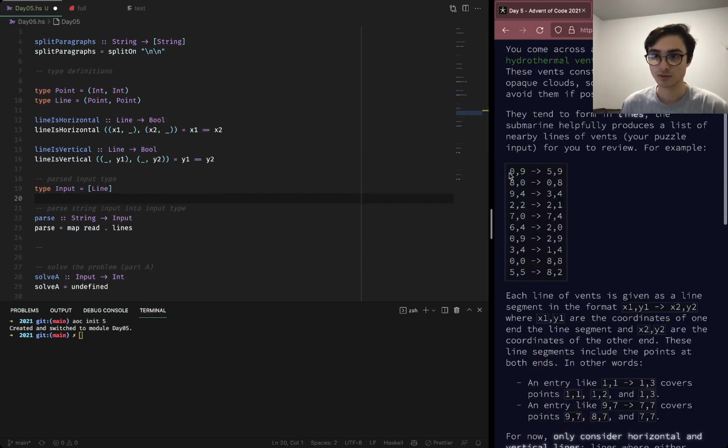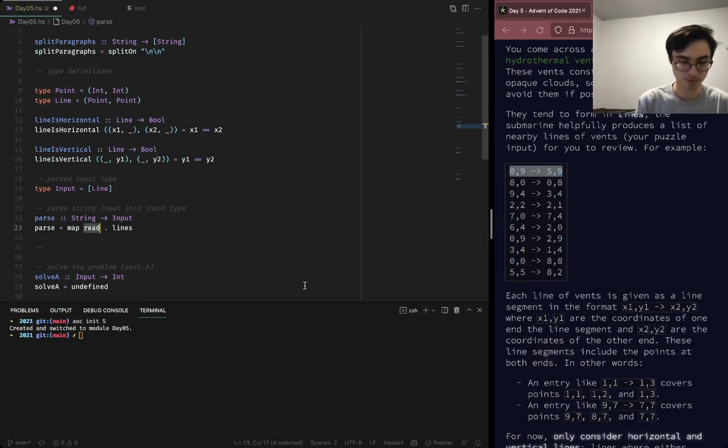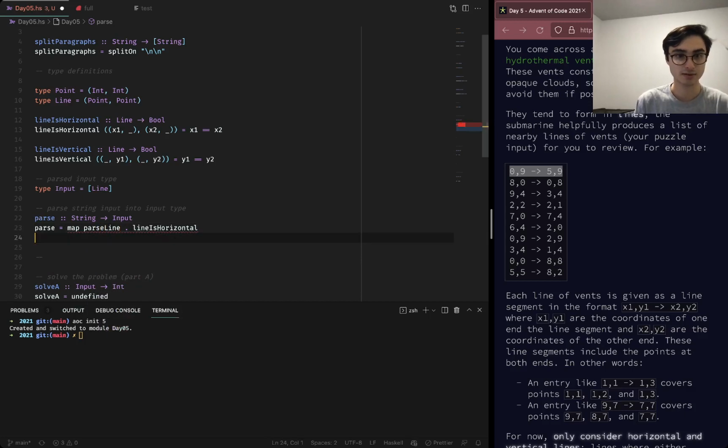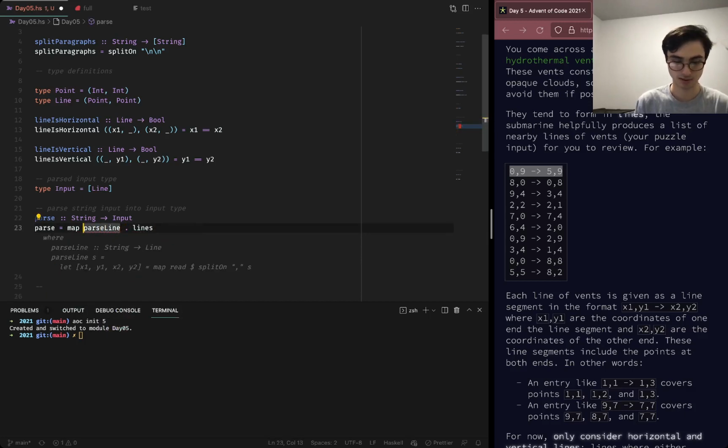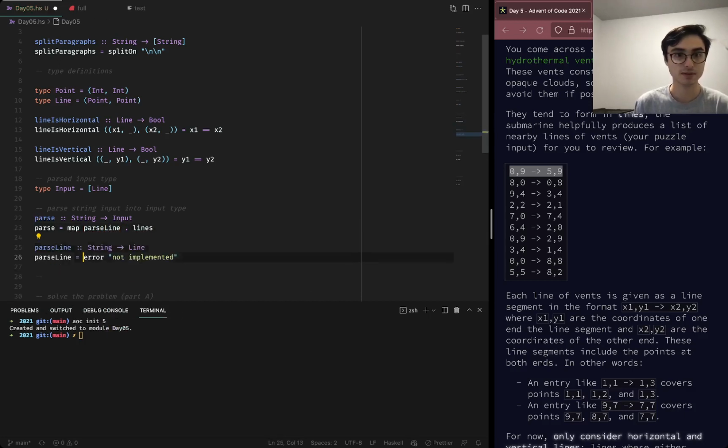So I have a line, map parse line. We have to define parse line. String line.